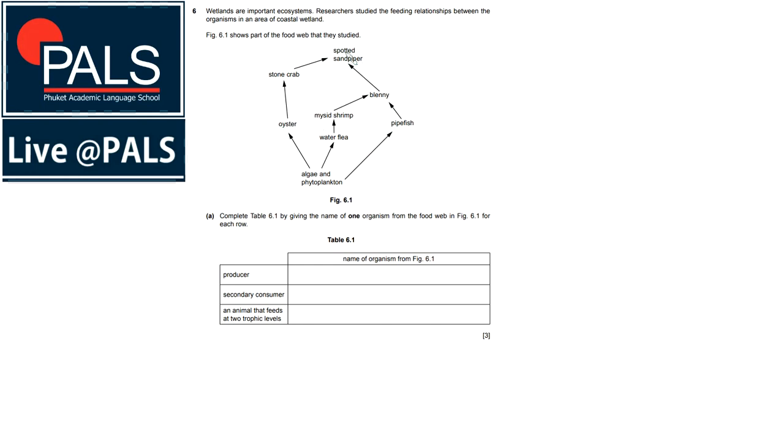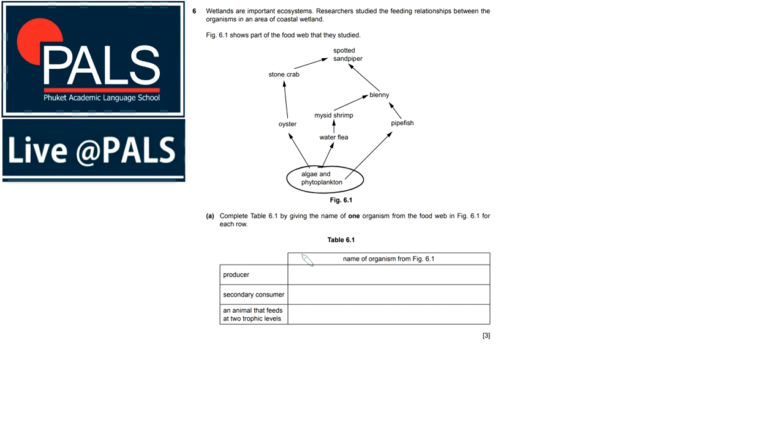And we end up with this spotted sandpiper. Complete table 6.1 by giving the name of one organism from the food web for each row. The producer is at the start of the food web. Again, the arrows show the transfer of energy and matter from one trophic level to the next.